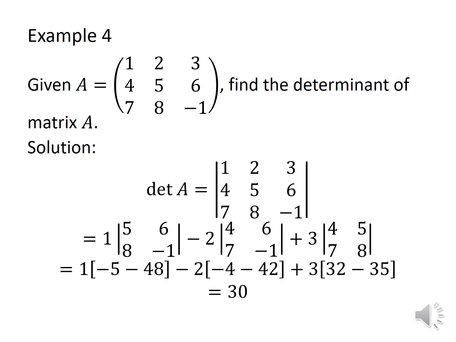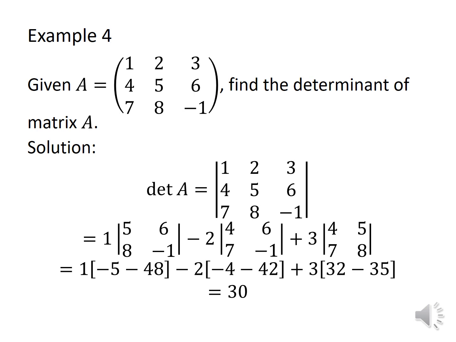Look at the example. You are given matrix A in 3 by 3. Find the determinant of matrix A. Again, I remind you to convert this round bracket into modulus form, and you can use the short form DET. The first step is you take the first element, which has a positive sign.